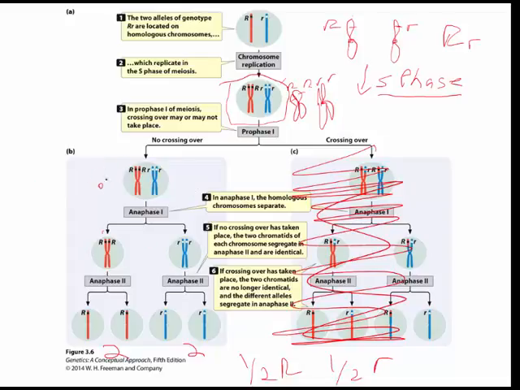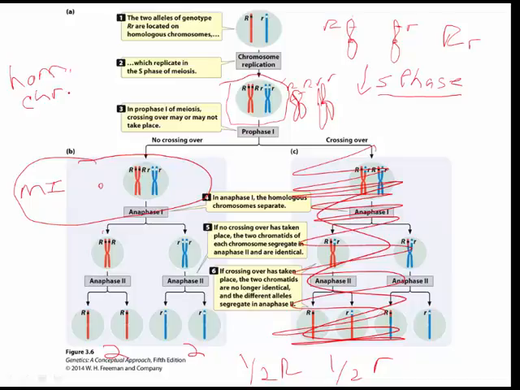What's really important, so this right here is metaphase 1 of meiosis. This is anaphase 1 of meiosis, where they separate. And then we've got telophase and cytokinesis and all that. But what we really care most about is at metaphase of meiosis, the chromosomes, these are homologous chromosomes, line up in pairs.